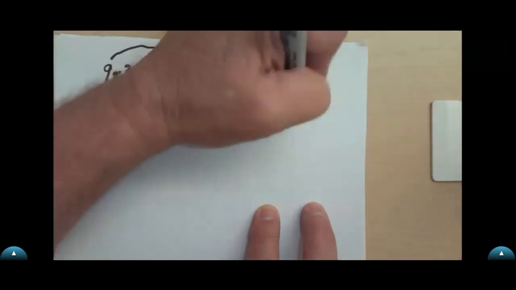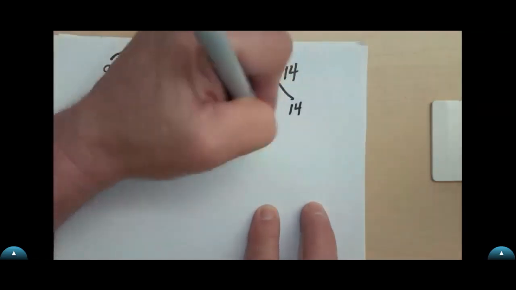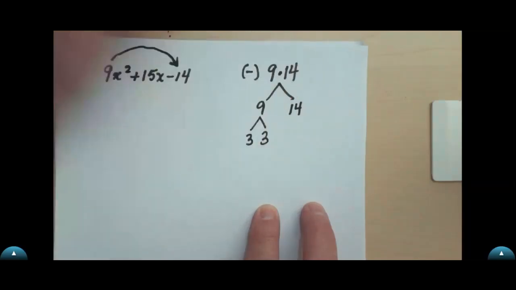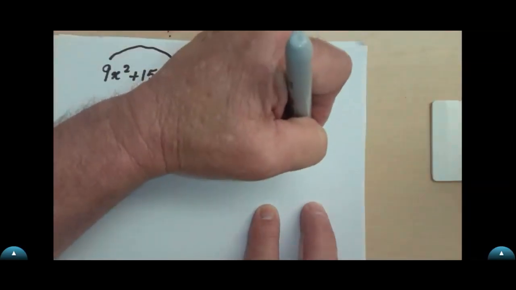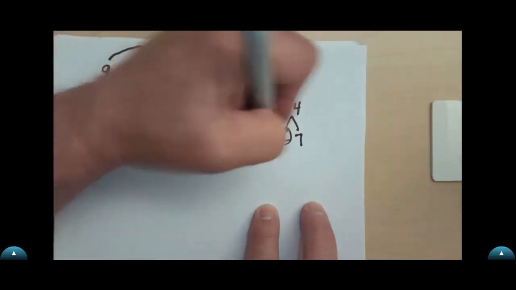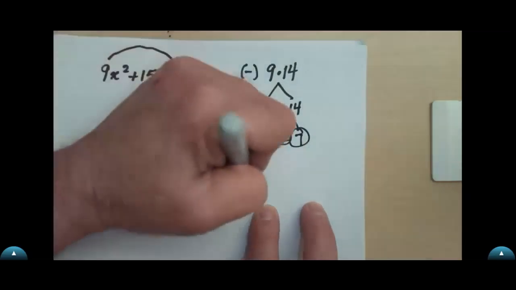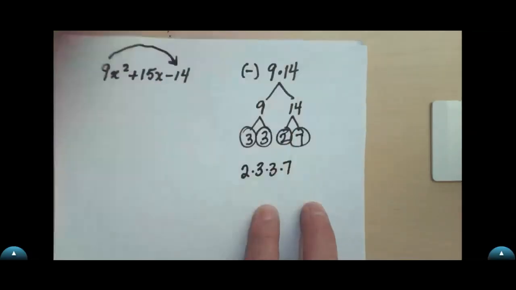We've got 9 and 14. 9 is 3 times 3, and 14 is 2 times 7. So we've got 2 times 3 times 3 times 7.